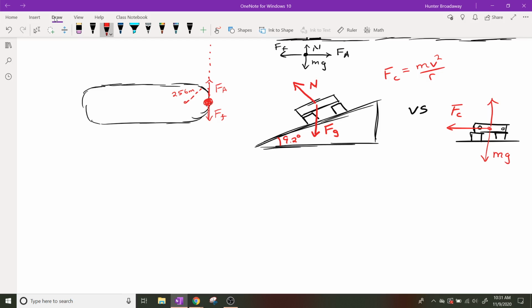Now we want to say, what is the fastest possible speed that a car could take on this corner if we have a coefficient of static friction of 0.550. We were talking about how friction was the driving force behind this, so we're going to need a number for the friction. If friction is 0.550, then how fast could we take this turn before we end up sliding one direction?